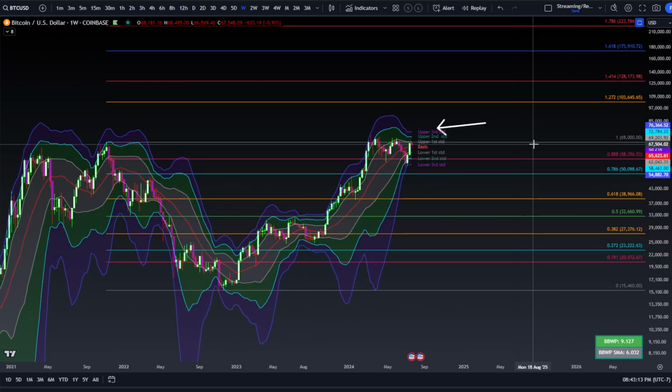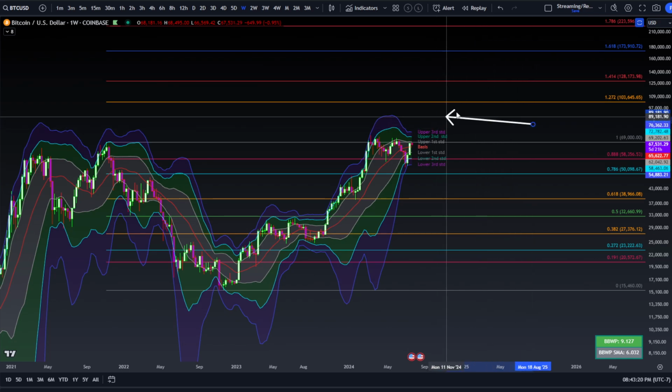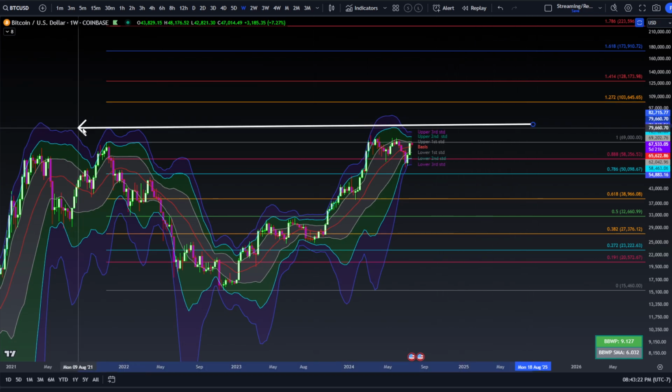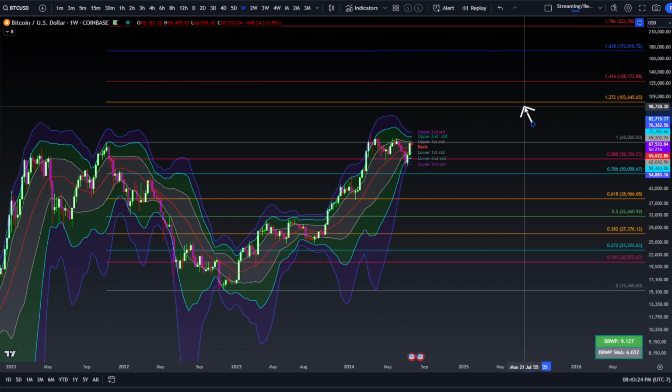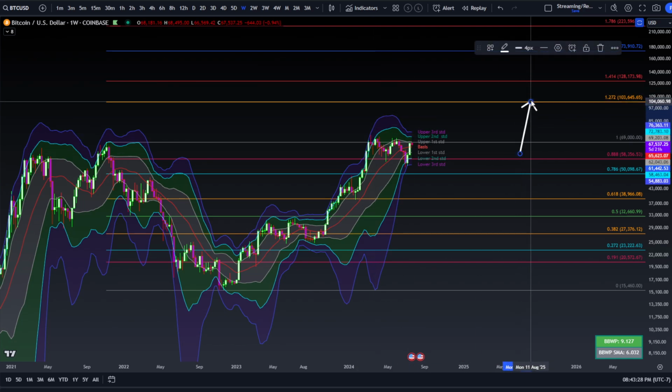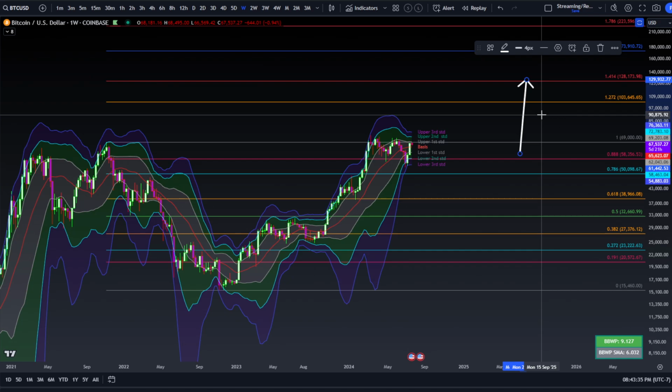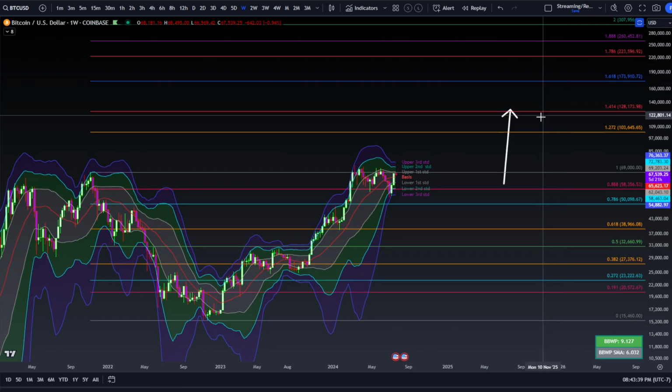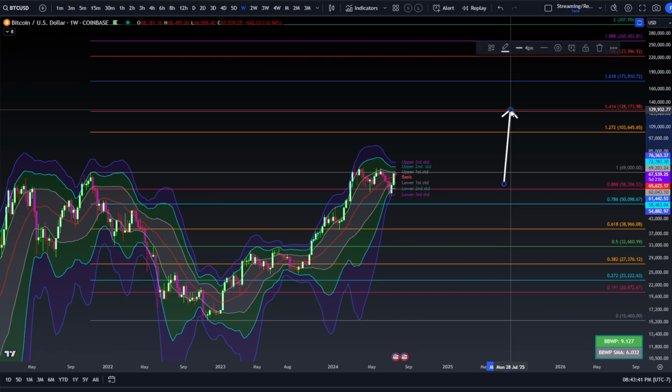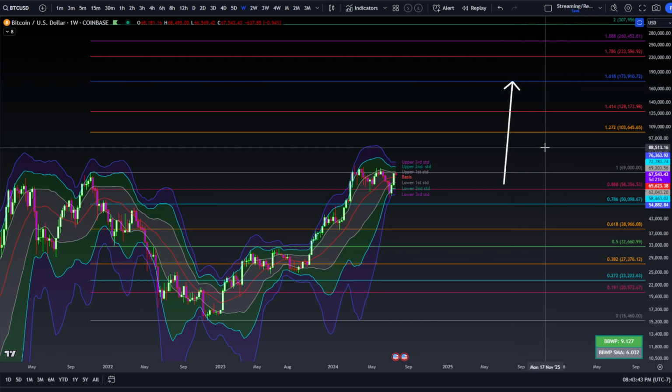So we've got the more macro picture coming in with closes above $69,000 that are consistent on longer term time frames, and a breakout, of course, of the local structure. Looking at the 1272 from the prior run down at around $100,000, and then the 1414 at about 130, coming in at 128. Above there is extensions. 1618 is coming in around the 170 region, 173 specifically up here.